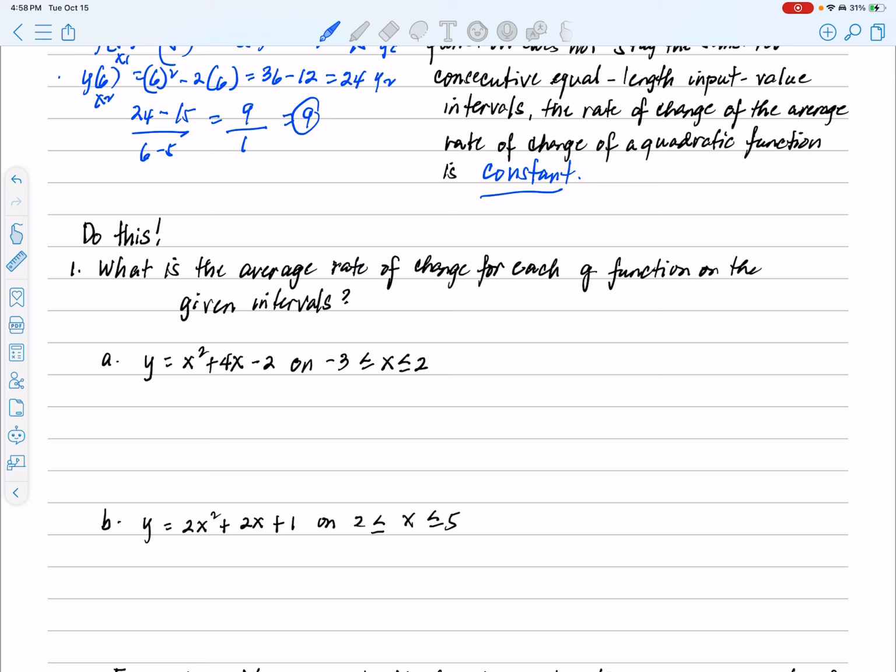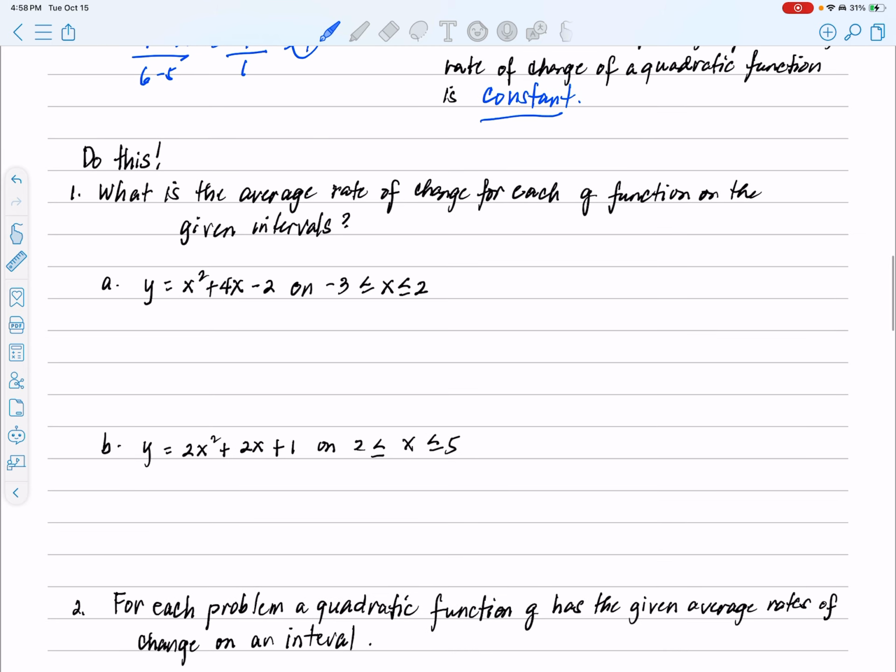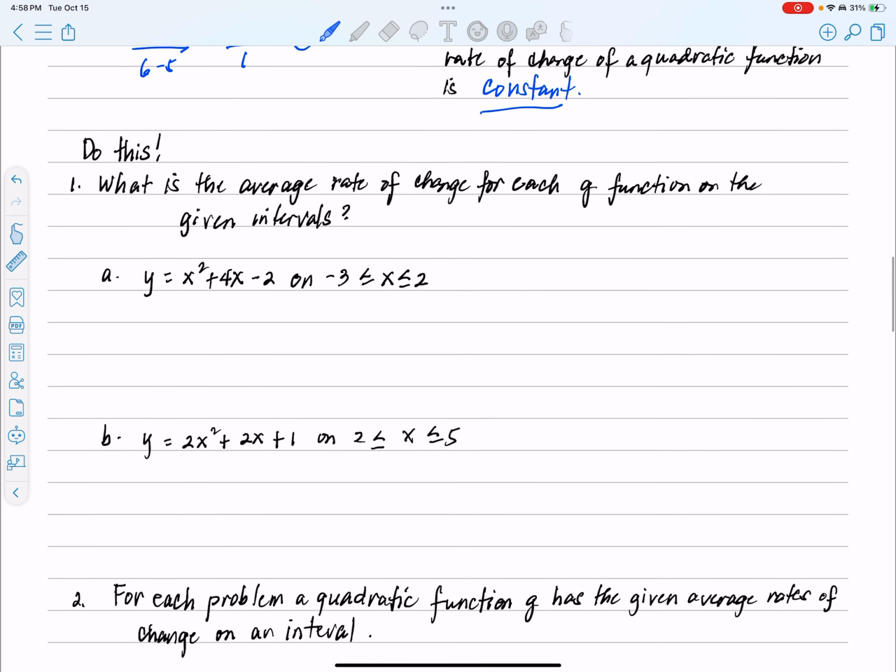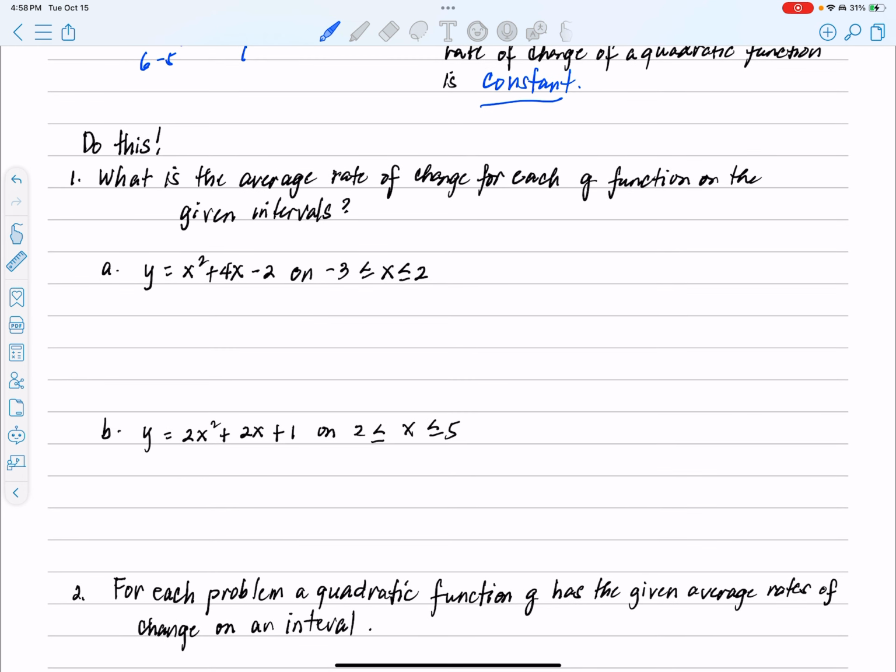Let's have a practice. What is the average rate of change for each function on the given intervals? Okay. The function given is y equals x squared plus 4x minus 2 on the interval negative 3 to 2. That's your interval.